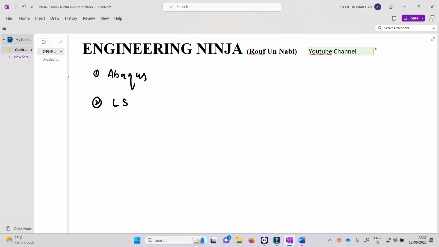We'll also look at LS-DYNA. We have another FEA software, ANSYS. We will also look at STAAD.Pro, ETABS.